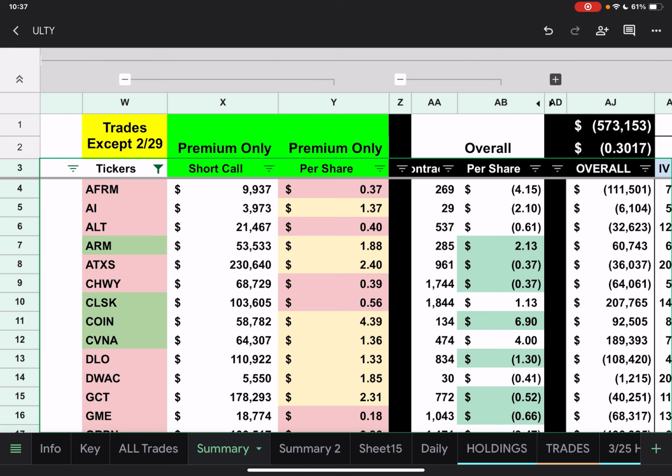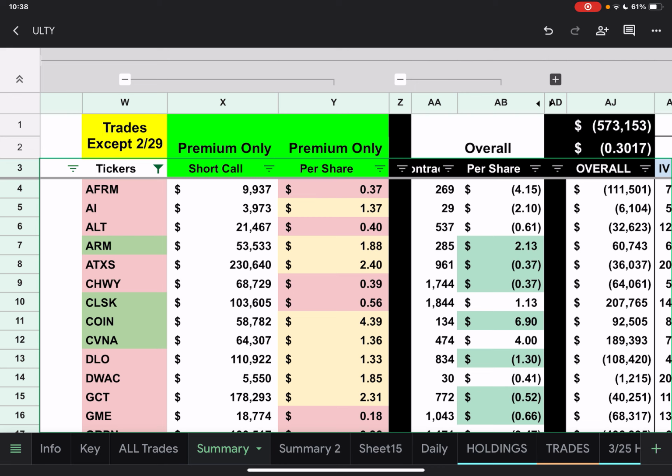But I wanted to show the comparison of this per share versus column AB. So yeah, we got premium of 37 cents a share that will get paid out in distribution, but in reality, Affirm lost $4.15 a share. Same thing with AI. We got $1.37 a share in premium, but overall, we actually lost $2.10.